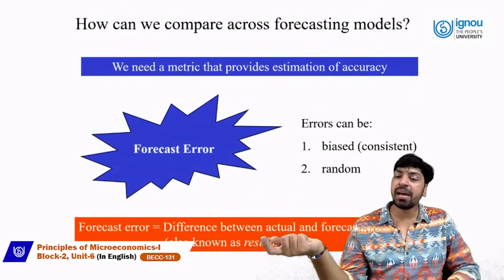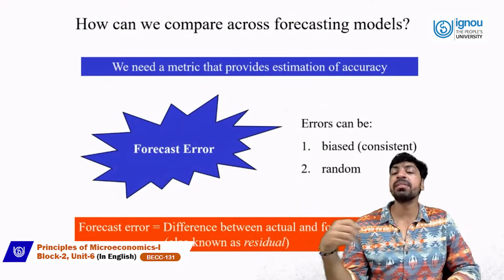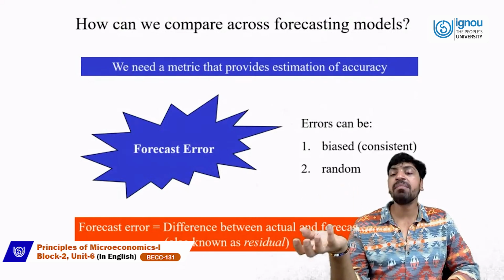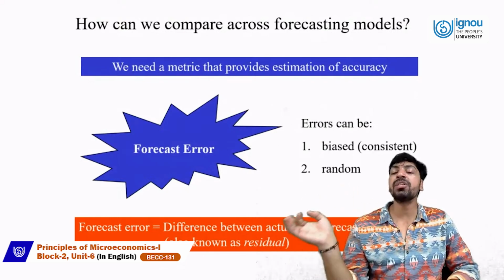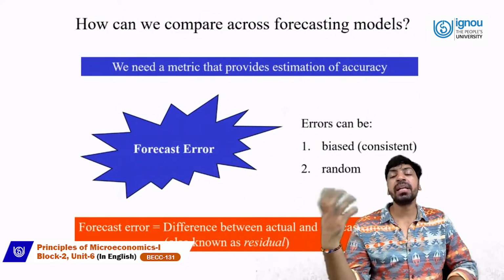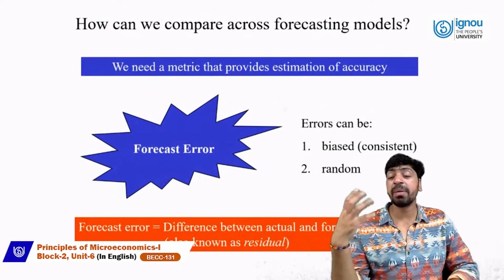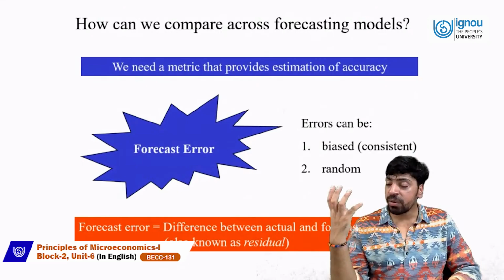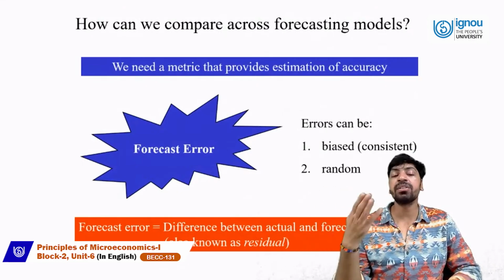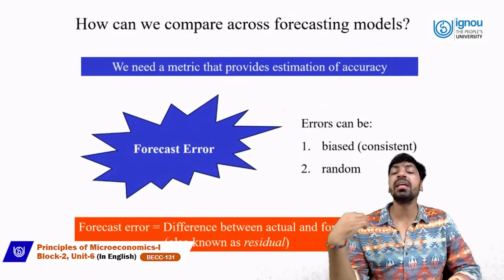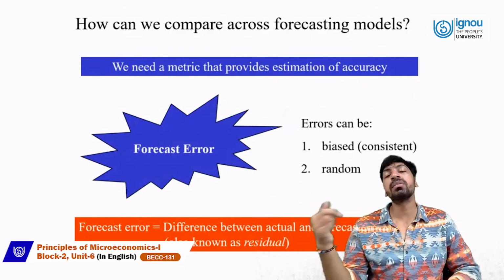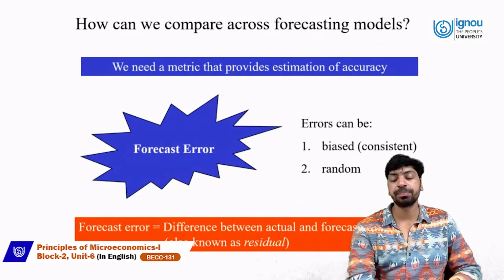A random error is, for example, when you apply a method and by mistake you make an error in calculating the future forecast. If you find any past error, use this formula. You can easily rectify that error and accordingly forecast the future values.